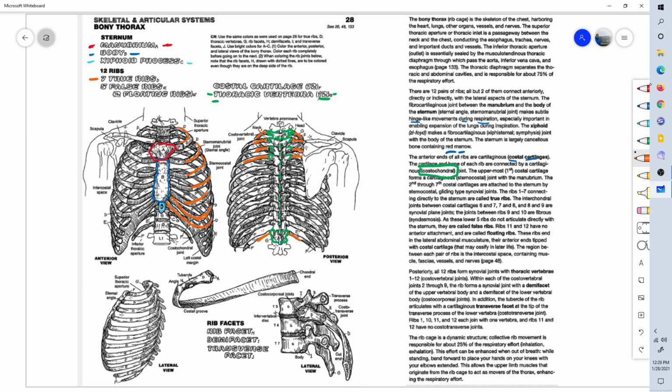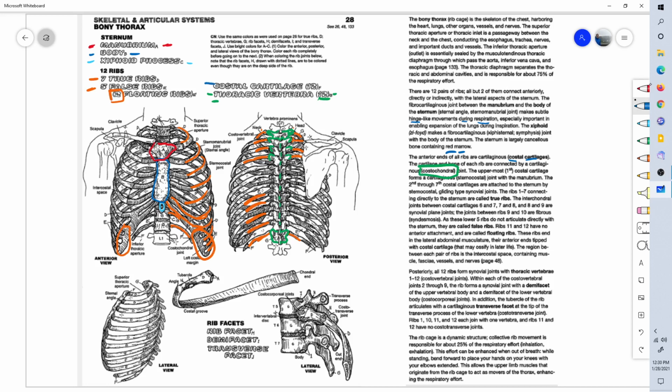And it is the 5 false ribs below that, number 12, 11, 10, 9, and 8, because they are in fact the ones that are joined here by the cartilage. So these are your false ribs. These bottom 5 are all considered false ribs. And 11 and 12, the last 2, are considered floating. So I stand corrected.